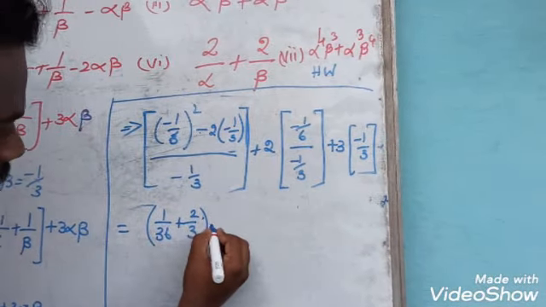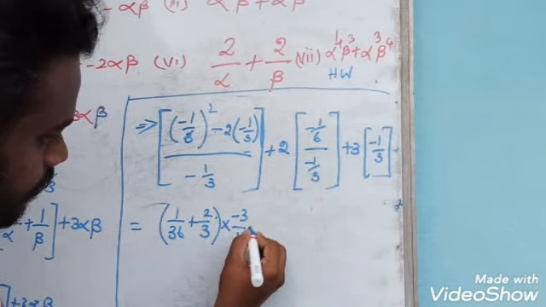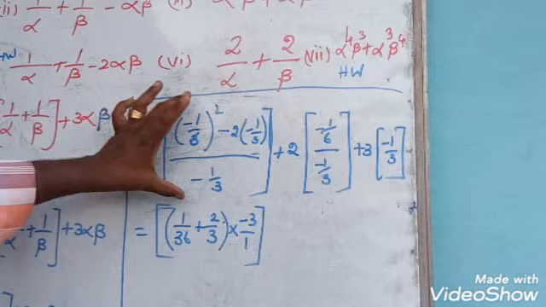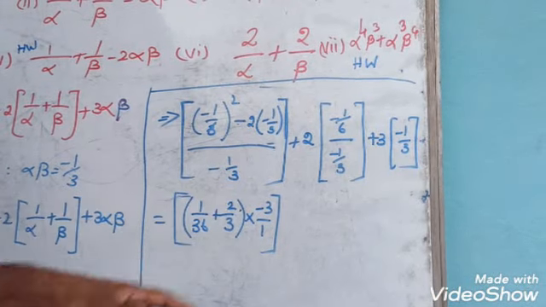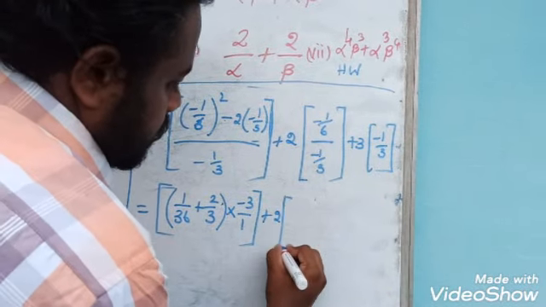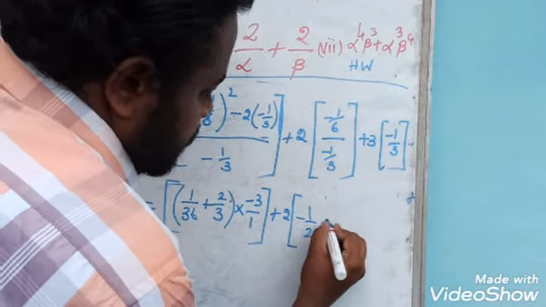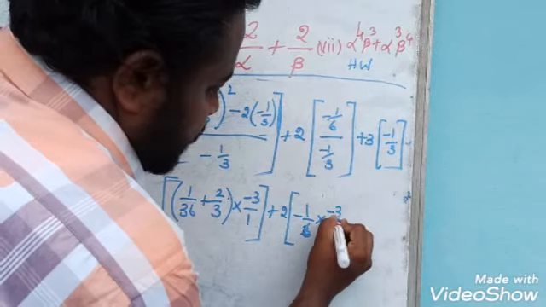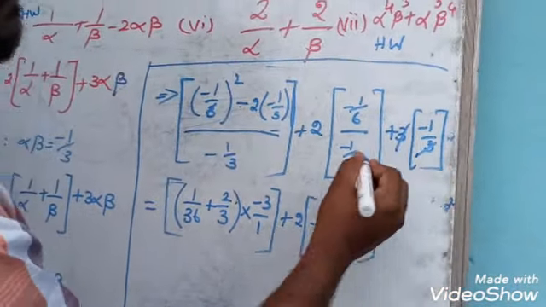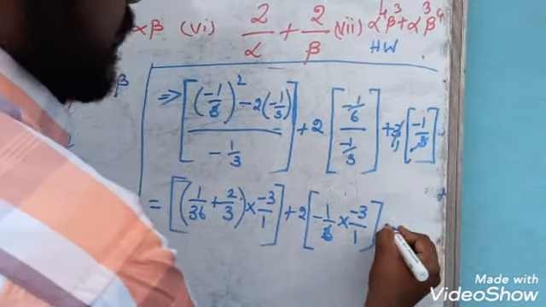This is divided by the fraction minus 3 by 1, so I take it as a whole. In a fraction, we take the reciprocal for this. Plus 2 into, as usual, minus 1 by 6 into minus 3 by 1. Here 3 will cancel, we get 1. So plus into minus, minus 1.